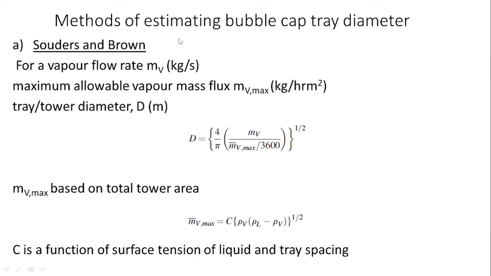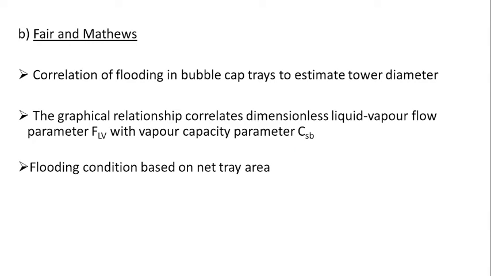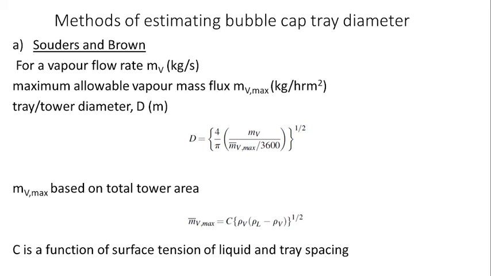The tower diameter can be estimated mainly by using two methods. One is Sauder Brown's method and second one is Fair Matthews method. In the first method, the tray diameter is obtained by assuming the vapor mass flow rate as mv and maximum allowable mass flux as mv max.